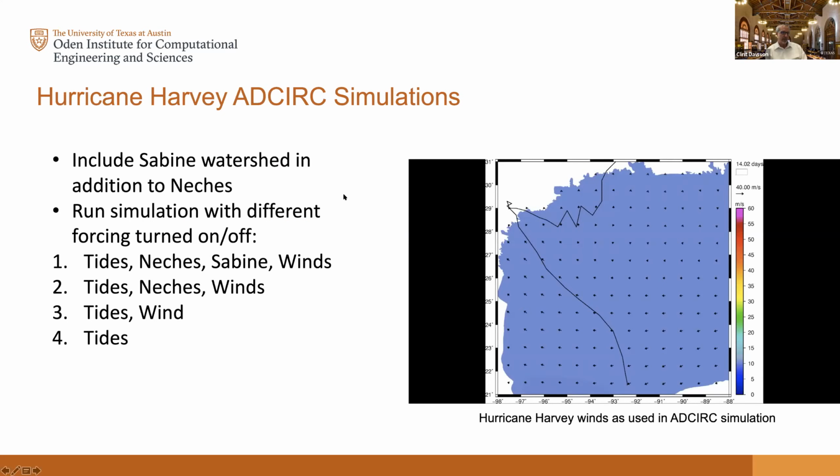Now we wanted to look at the impact of the watersheds and what would happen, because normally in an ADCIRC simulation, we don't include the rainfall because we don't have real-time rainfall measurements. So we only look at the storm surge. So we ran Harvey simulations with as many effects as we could: tides, inflow from the Neches River and also from the Sabine River.